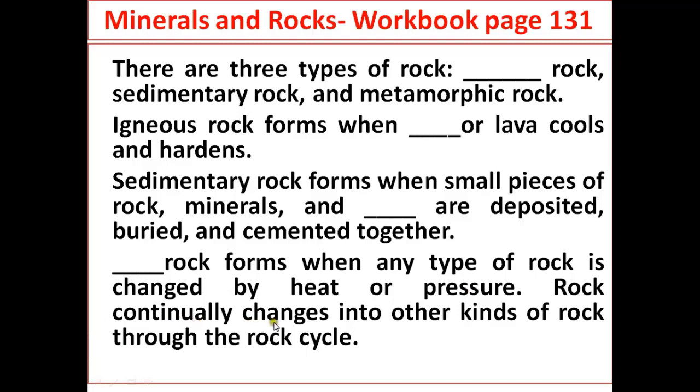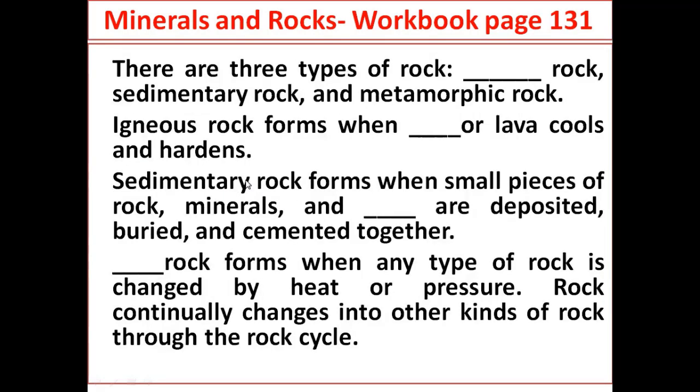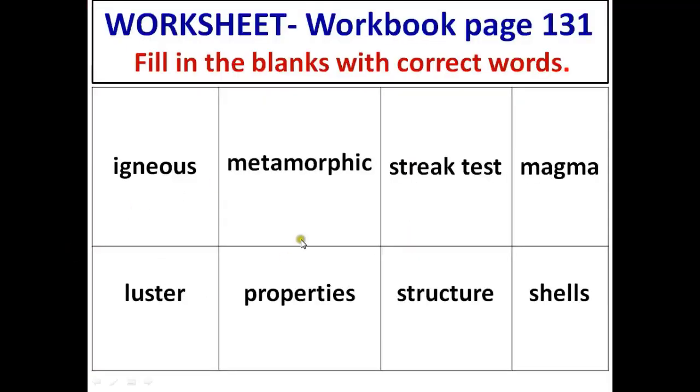Rock continually changes into other kinds of rock through the rock cycle. We have seen all the answers in our last lesson. We are going to write the answers for all the sentences, from the first sentence till the last sentence, with the different words that we are looking at here: igneous, metamorphic, streak test, magma, luster, properties, structure and shales.